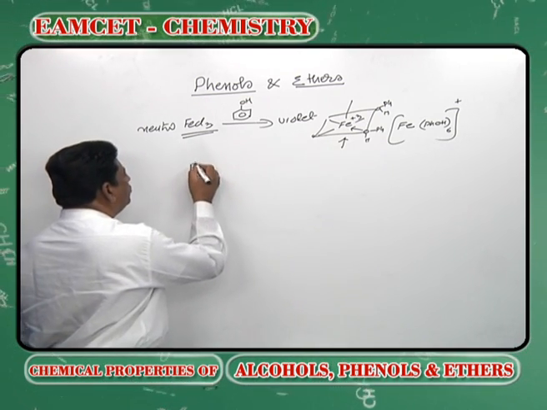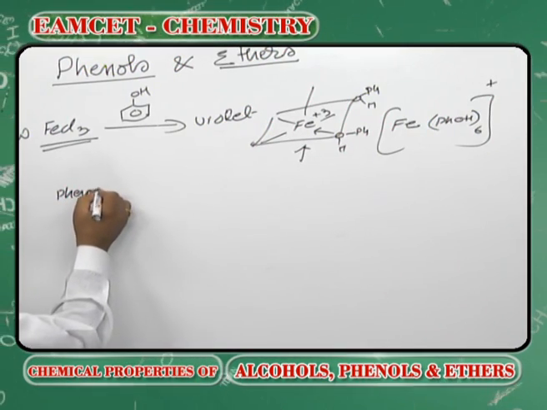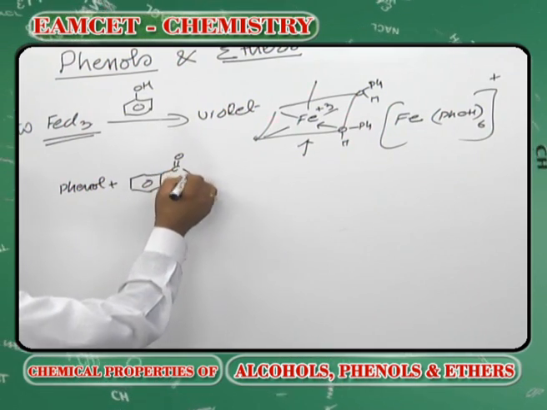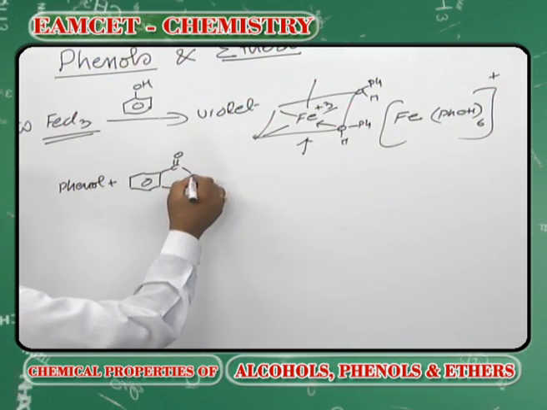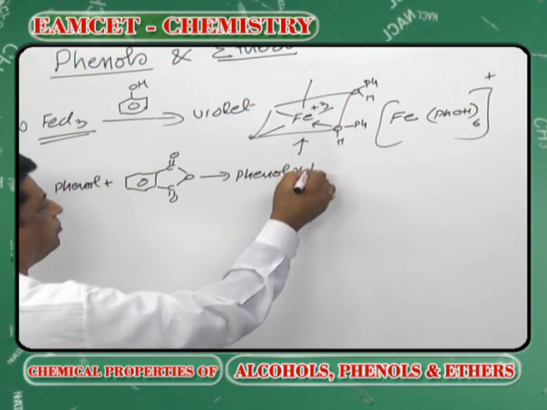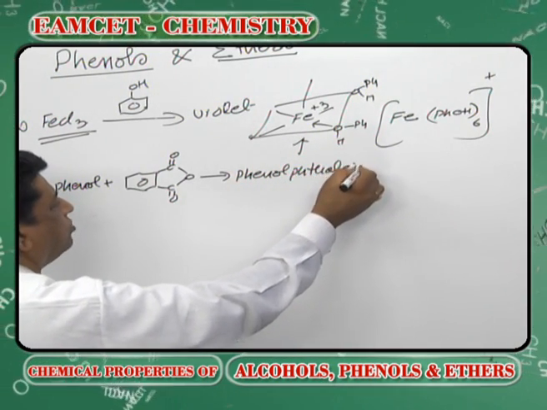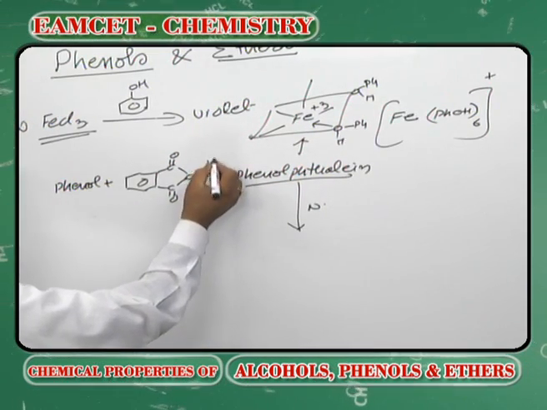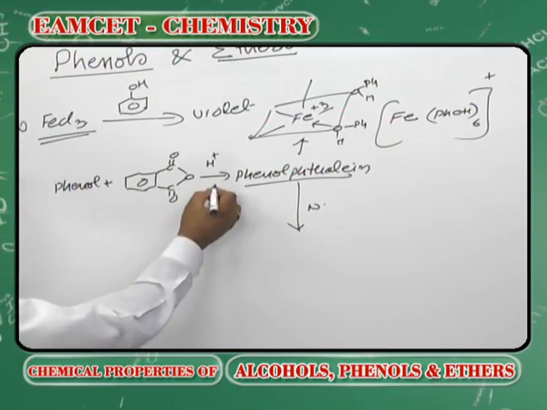Phenol also reacts with phthalic anhydride. If you take phthalic anhydride, phenolphthalein is formed. In the acidic medium, if you add sulfuric acid and heat it, you will get phenolphthalein.